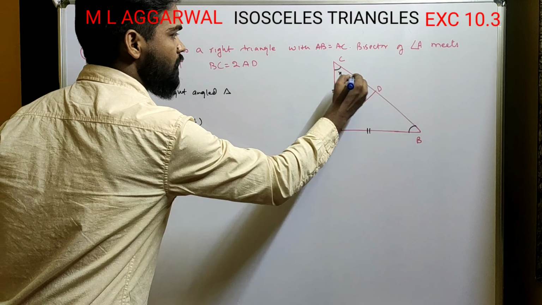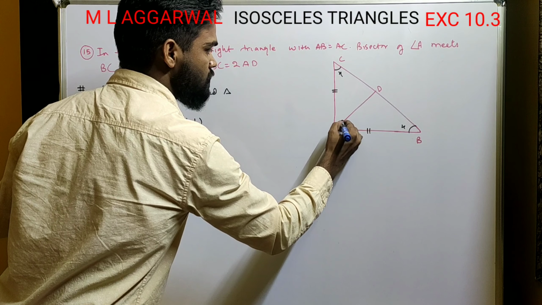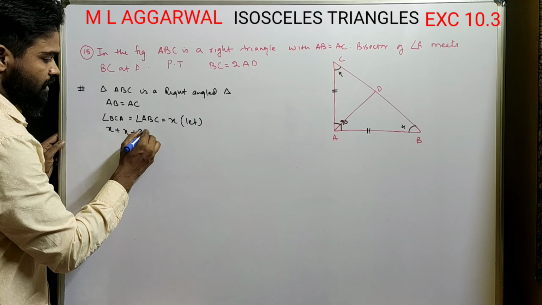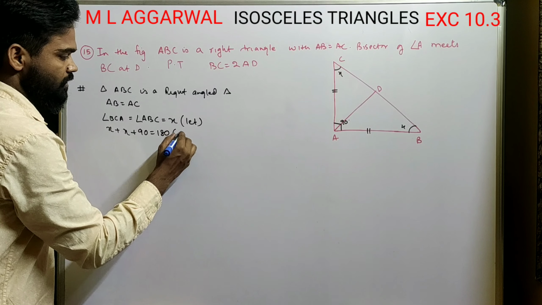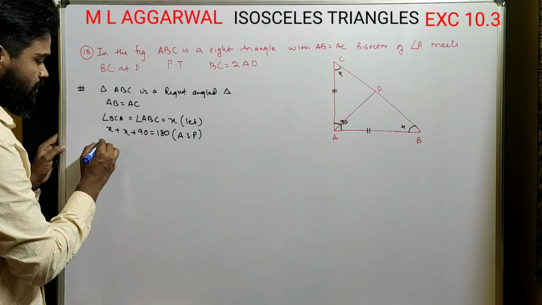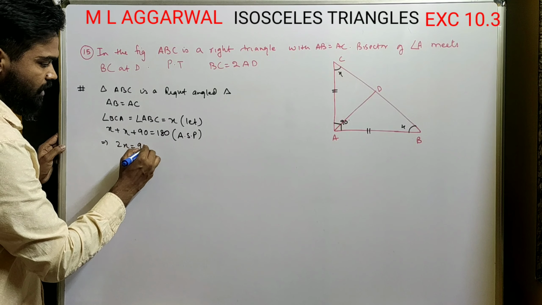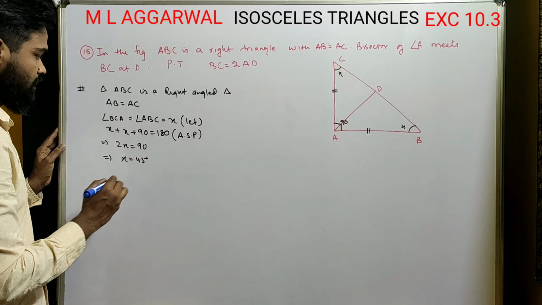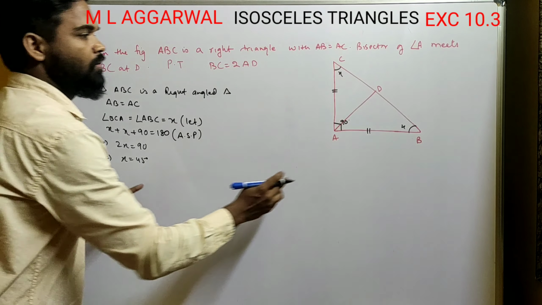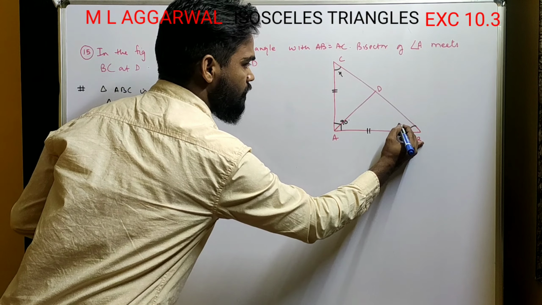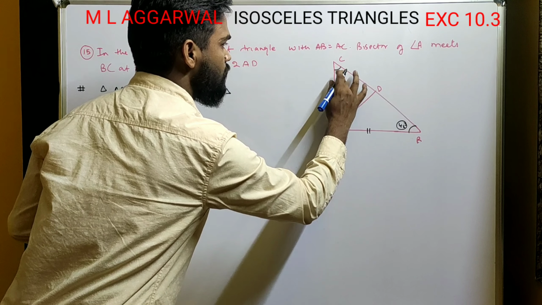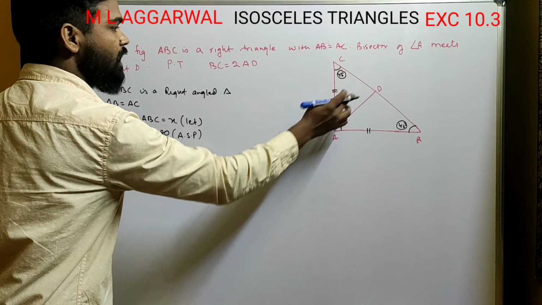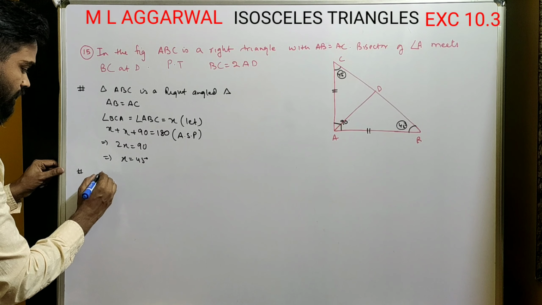Which means if this is X, and this is 90, so I can write X plus 90 equals 180, angle sum property, which means twice X equals 90, which means X equals 45 degrees, isn't it? Now, this is my 45 degrees and this is also 45. Now we know that AD is the bisector, given.